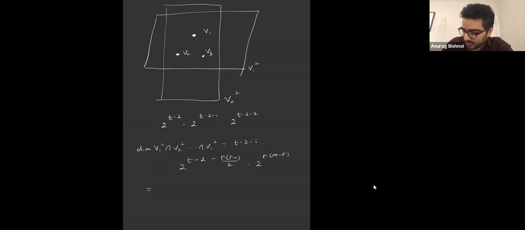So in the end, oh sorry, this t minus 2 should be multiplied by r. So you have 2 to the power of t times r plus m times r, and then minus 3r squared over 2, plus r over 2. So you have minus 2r, so minus 3 over 2 r.